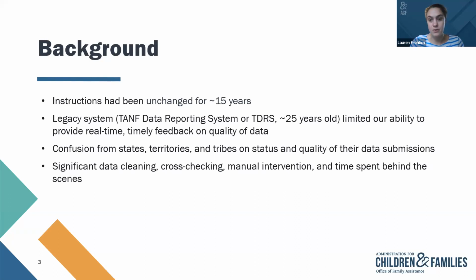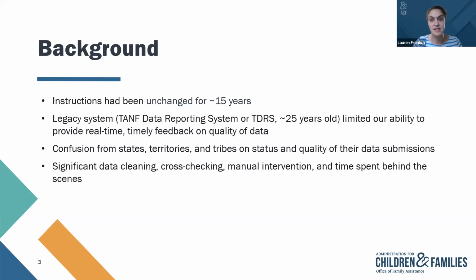Also, you may be familiar with our legacy system, the TANF Data Reporting System, or TDRS, which is even older, about 25 years old. And that system has limited our ability to provide real-time, timely feedback on the quality of data, which has led to confusion, understandably, from states, territories, and tribes on the status and quality of their data submissions.